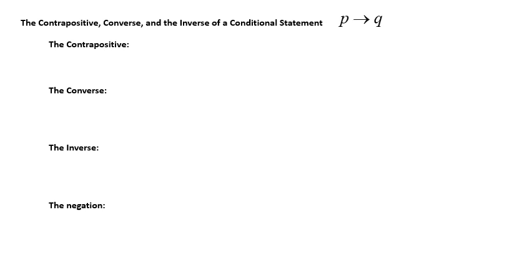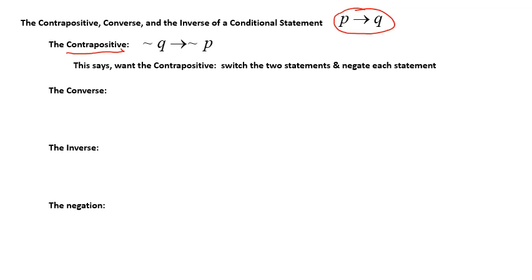So we're going to define the following terms for a conditional statement, P then Q. We define the contrapositive as the negation of Q, then negation of P. What this is saying, if you want the contrapositive, you're going to switch the two statements around. Notice, this went to the front, this went to the back, and you're going to negate both statements. Contrapositive. Switch, negate the two.